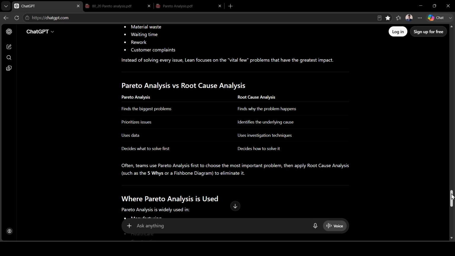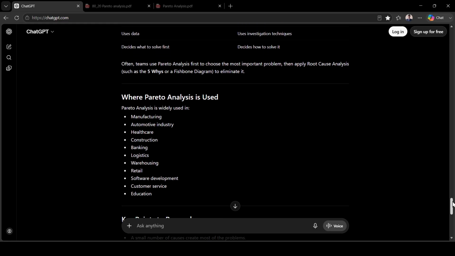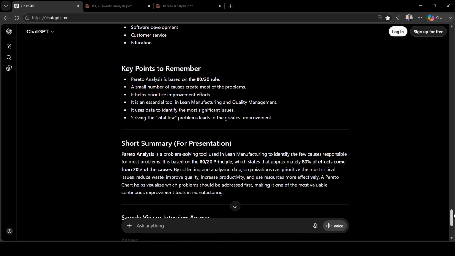And why is Pareto analysis used? Pareto analysis is widely used in manufacturing, automotive industry, healthcare, construction, banking, logistics, warehousing, retail, software development, customer service, education. The key point to remember: Pareto analysis is based on the 80/20 rule.